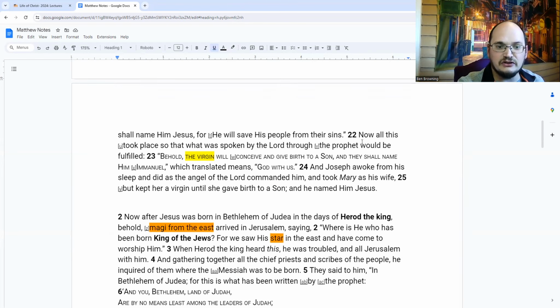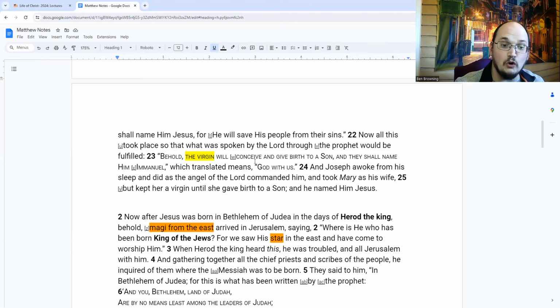Next, let's go down here to 22. Now, all this took place so that what was spoken by the Lord through the prophet would be fulfilled. Behold, the virgin will conceive and give birth to a son, and they shall name him Emmanuel, which is translated God with us.